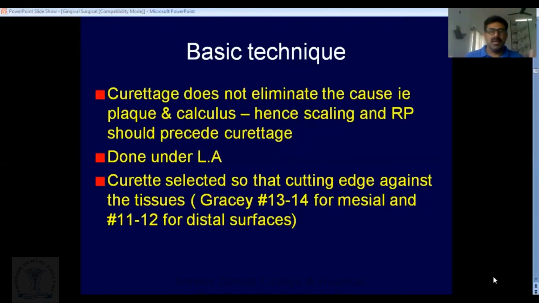So that is a simple one. Gracey curette 13, 14 is usually used on the distal surface of molars. But when you do a curettage, you're not applying it on the distal surface, you're applying it on the mesial surface. So that becomes opposite for the 11 and 12 curette. So you don't adapt to the tooth surface, you adapt to the opposite gingiva. That is the basic.